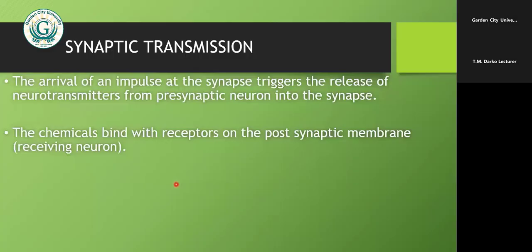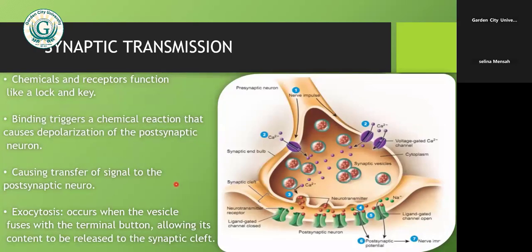If it is an inhibitory one, it will terminate it. It will stop the generation of the impulse. If it is an excitatory one, it also binds to excitatory receptors on the postsynaptic neuron, and it will continue with the action potential. Does it make sense? Yes. All right, good.